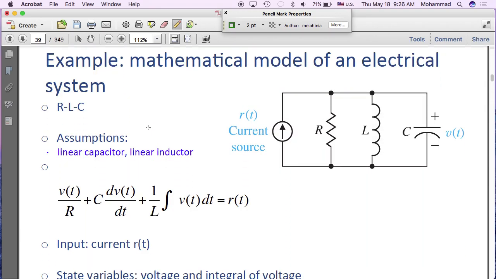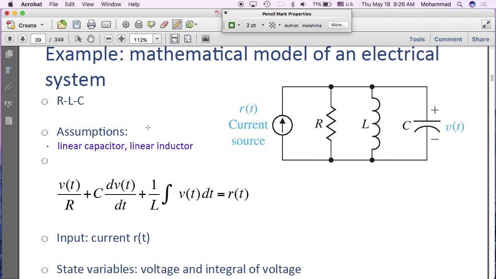Okay, so we're going to look at this example. I'll give you 30 seconds to come up with the model, or at least get to the law that you want to use.